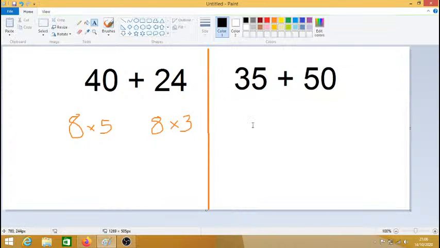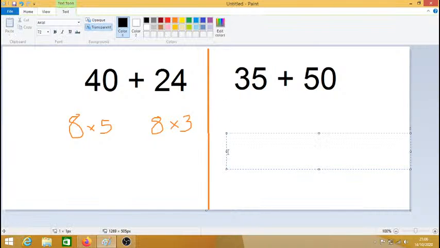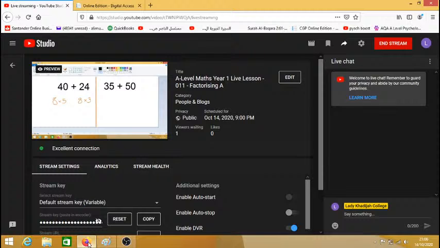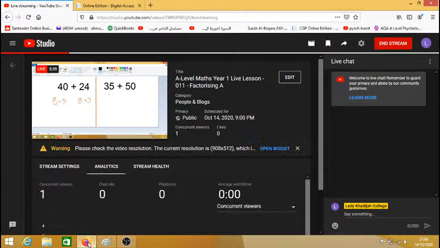Just by looking at the numbers, try to pick which is the highest factor that can make both of them. Try another one. If you can spot the answer for either one of them, just type it into the chat box and I can then take it from there.